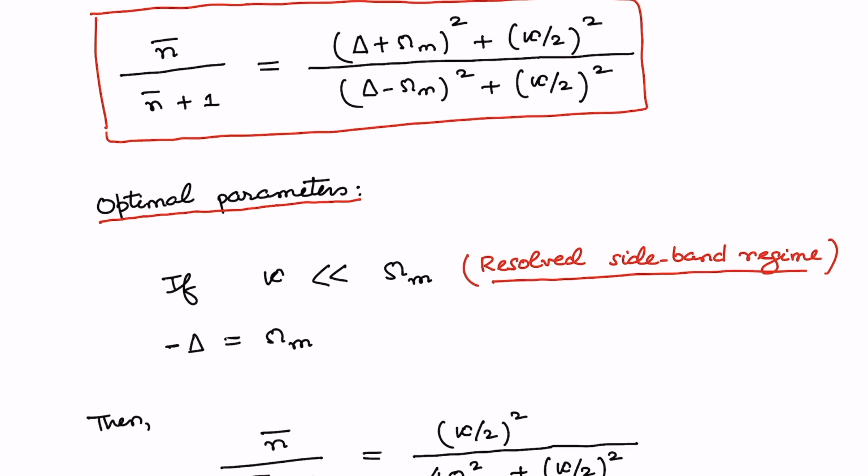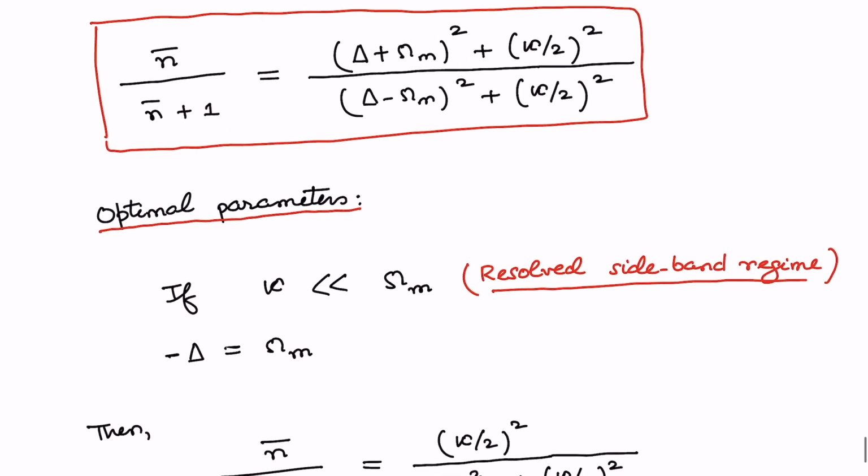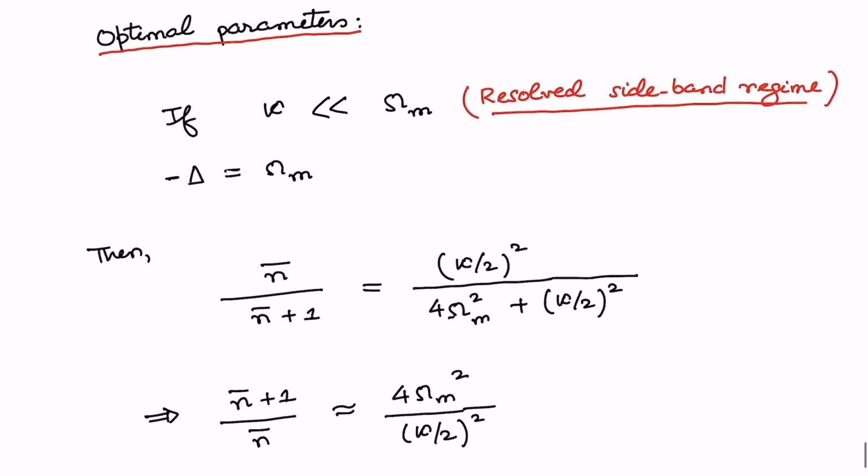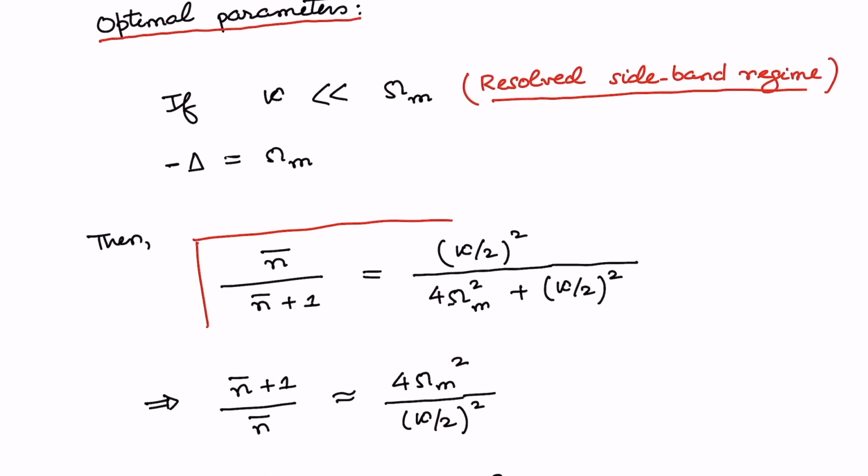This basically means that the optical oscillator has an oscillation frequency that matches exactly with the resonance frequency of the mechanical mode, or the phonon mode. Apart from that, if you have kappa much less than omega m, you can simplify this particular expression and get this equation.